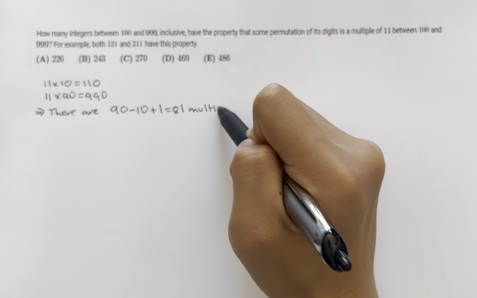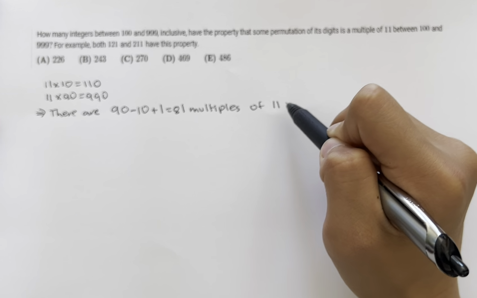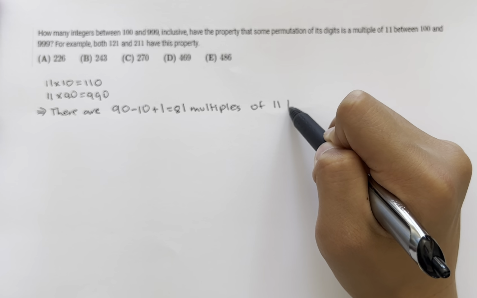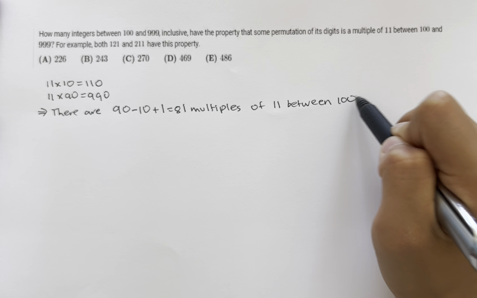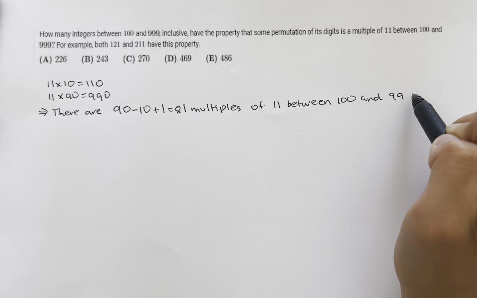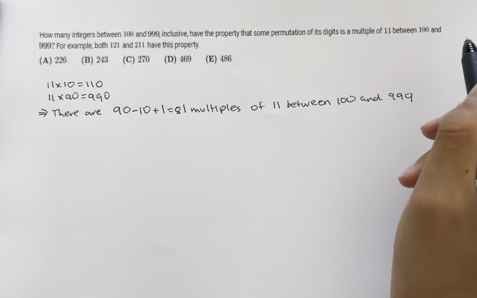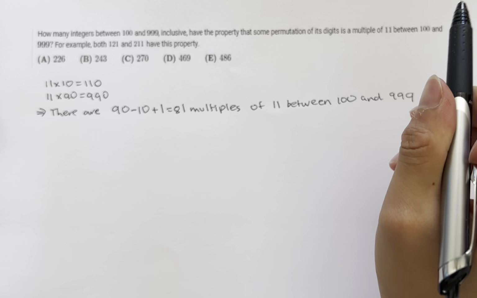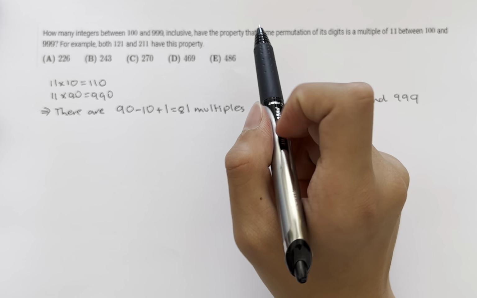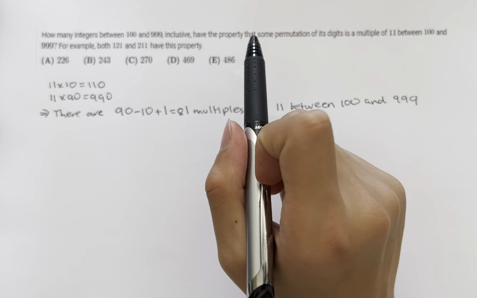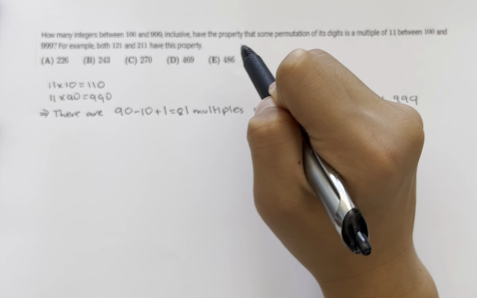So there are 81 multiples of 11 between 100 and 999. When you're trying to find the numbers inclusive between two numbers, you always have to subtract the smaller number from the larger number, and then plus 1.